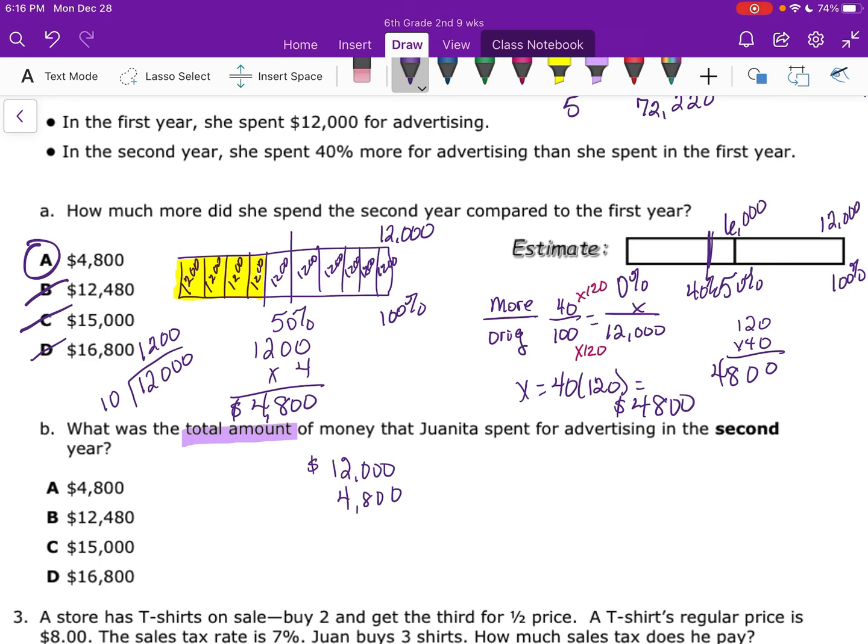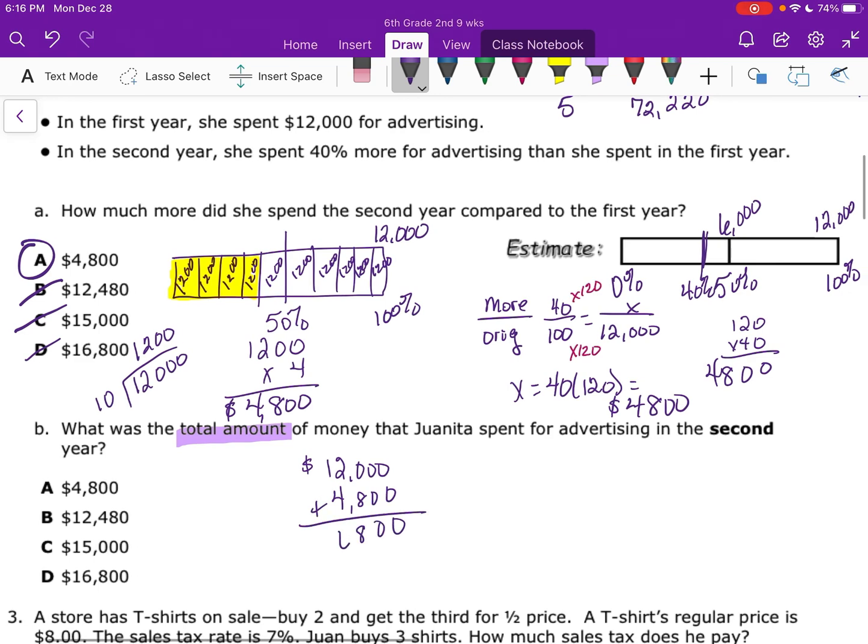So she increased 4,800. So we would have to add that together. 16,800, which is D. Okay, so they could ask you just the increase, or they can ask you for the total amount. So if they ask you for the total amount, you have to find the increase first and then add it. Okay?